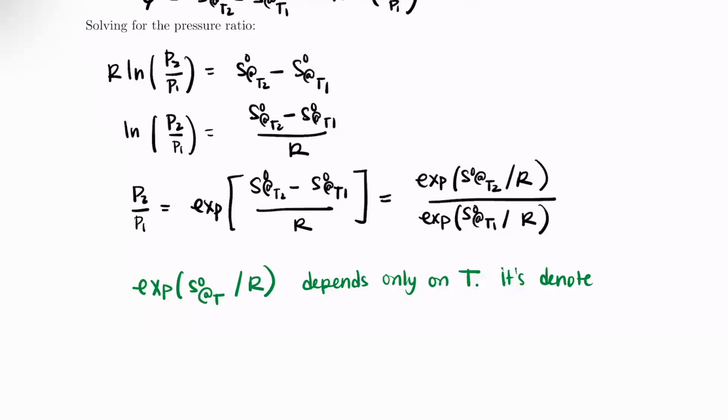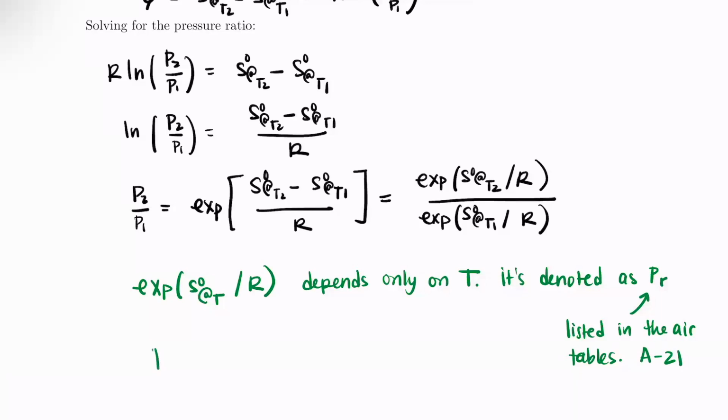It's denoted as P with a subscript R. These are listed in the air tables as well, in A21.